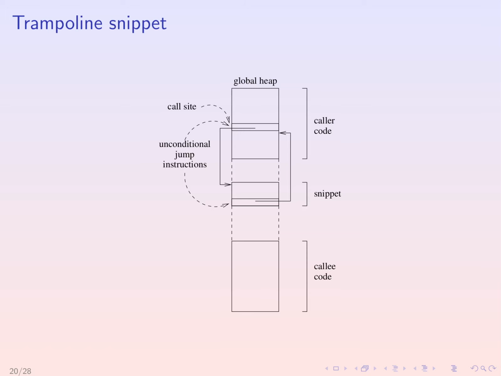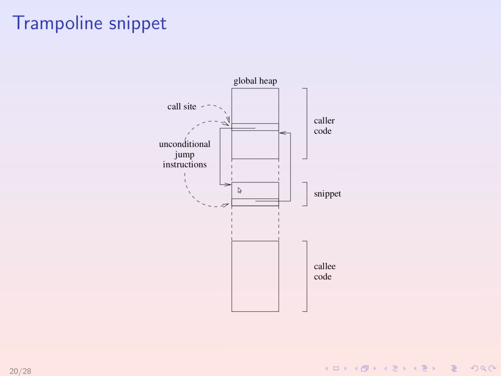We can illustrate the constellation of the caller, the callee, and the trampoline snippet as in this figure. So this is the memory of the heap, and we have the code for the caller here, and somewhere in here is a call site. And the call site has an unconditional jump instruction that goes to this trampoline snippet here.